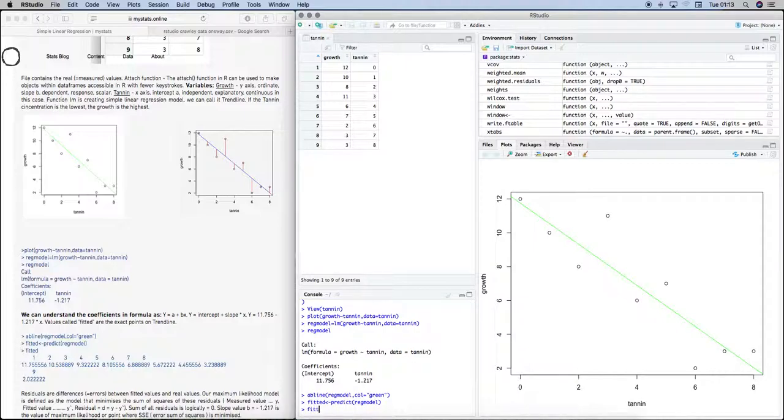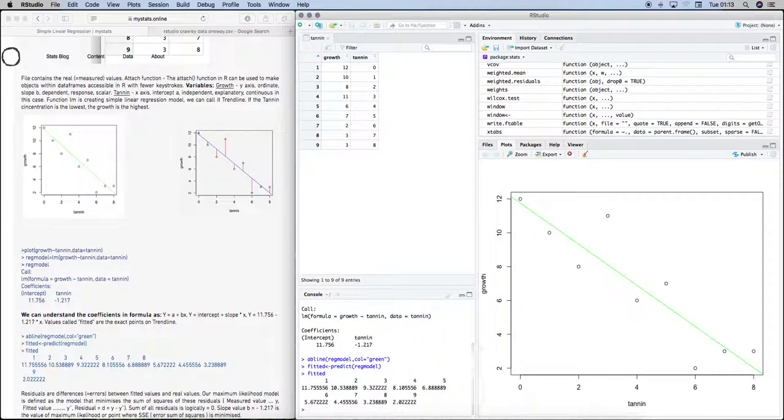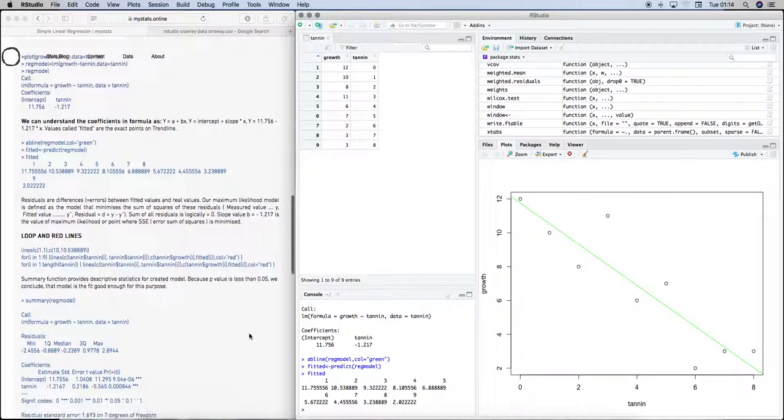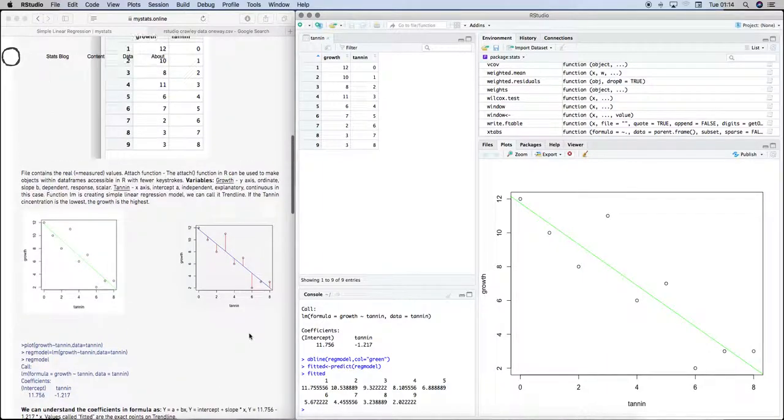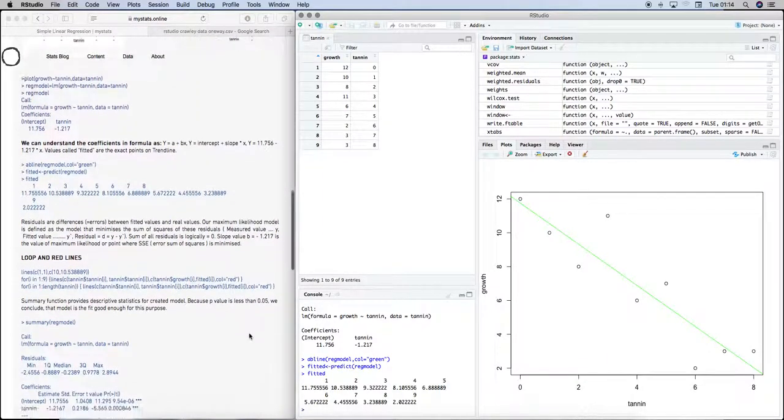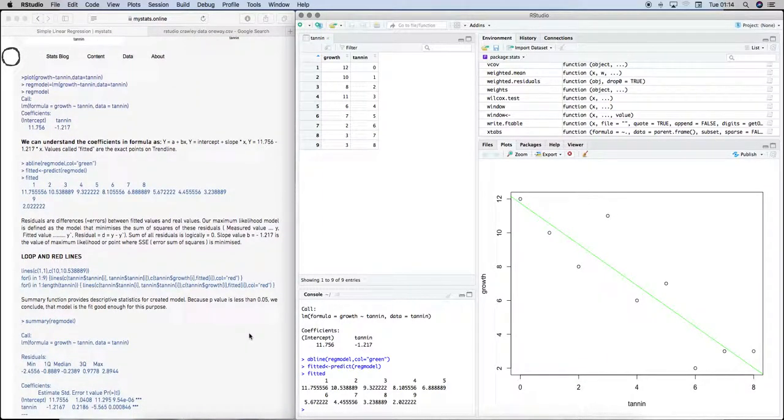If we wish, we can display these fitted values and see what the exact values on the green line look like. Again, we can paint the differences between the exact measured values, exact points, and the green line.